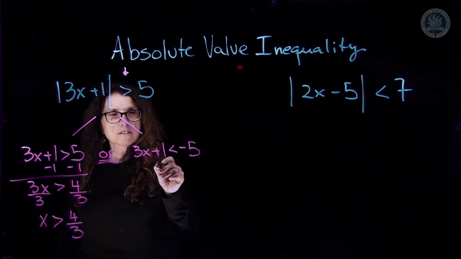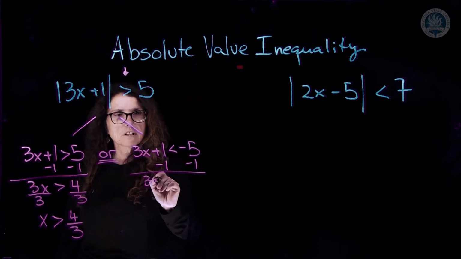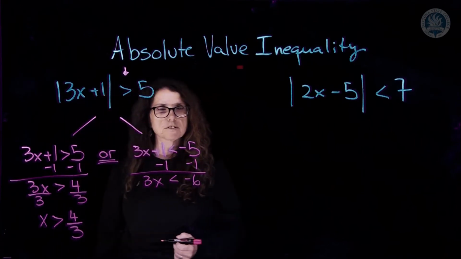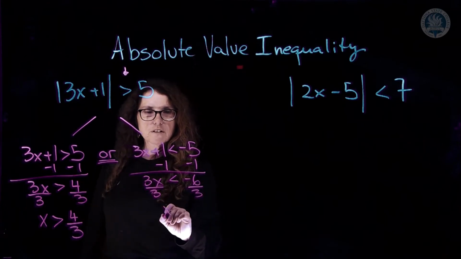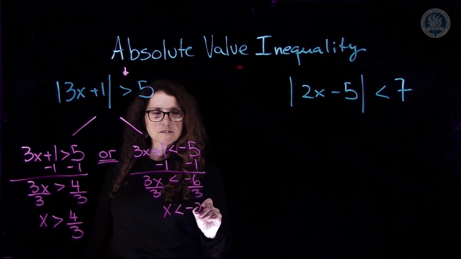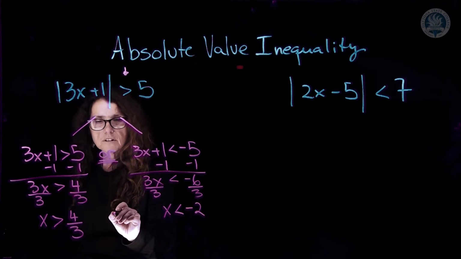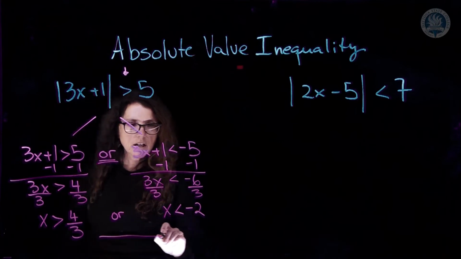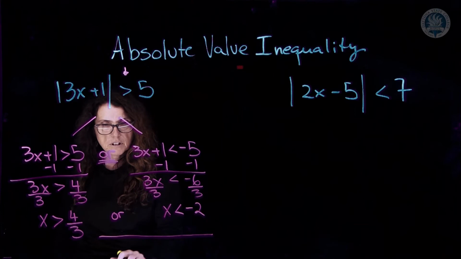Let's solve the other inequality, subtracting 1. 3x is less than negative 6. Negative 5 minus 1 is negative 6. Divide by 3, which leaves me with x less than negative 6 divided by 3, which is negative 2. So these are my two inequalities, and in between I have an or statement. I can again visually show this by using the number line.